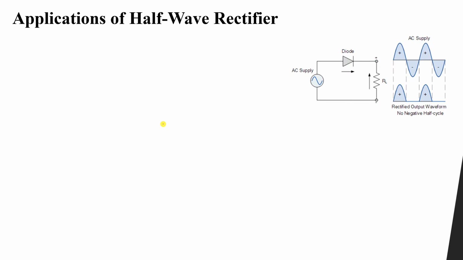Now let's talk about applications of the half wave rectifier. Of course, this is a very simple circuit that is used as a rectifier. Usually we don't use the half wave rectifier, but I will explain what applications it can be used for, despite the large power losses and the efficiency of 40% that I talked about before.